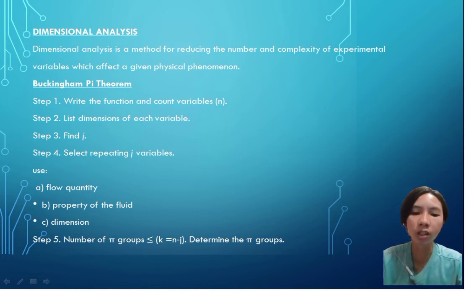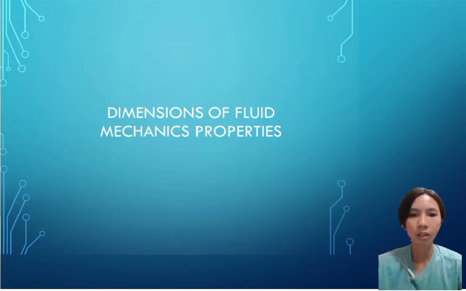Step 3, find j. Step 4, select repeating j variables. We can use letter A, flow quantities, letter B, properties of fluid, letter C, the dimension. In step 5, the number of pi groups is less than or equal to k, where k is equal to n minus j. So determine the pi groups.